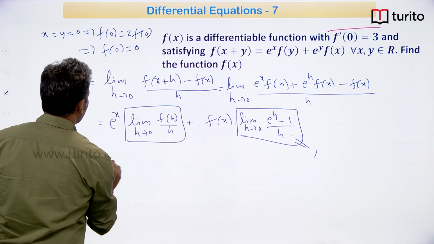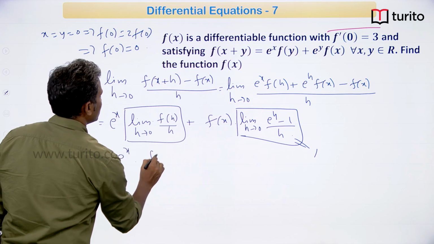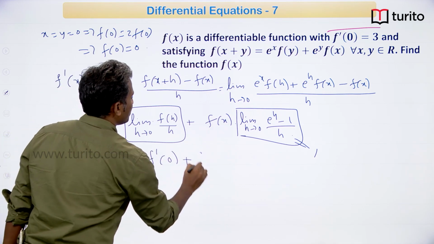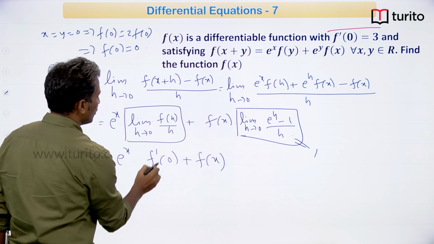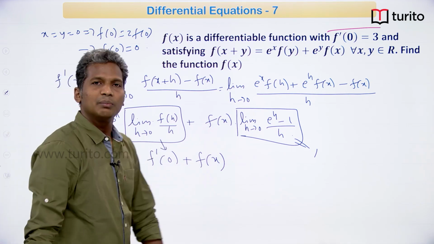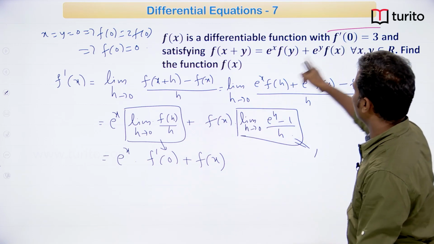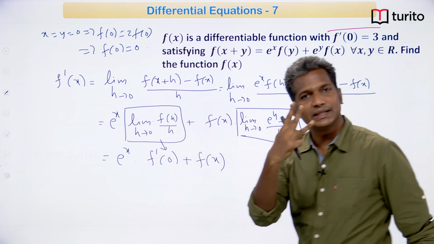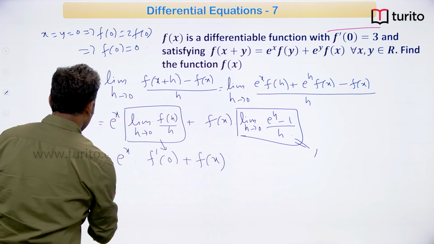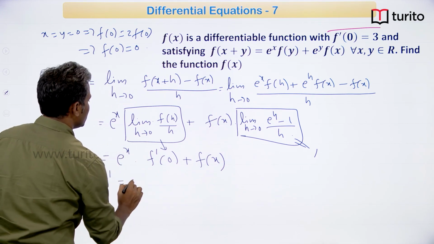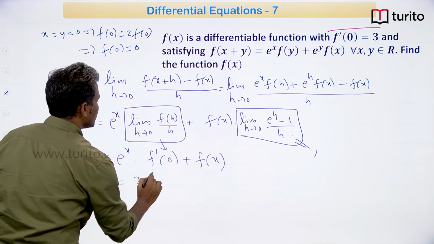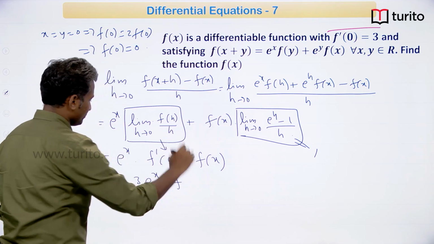That means we can write this as e raised to x into f dash of 0 plus f of x. Now, how did I get this f dash of 0? By applying L'Hospital rule. Now, what is given as f dash of 0? It is 3. So, we basically got f dash equal to 3 into e raised to x plus f.